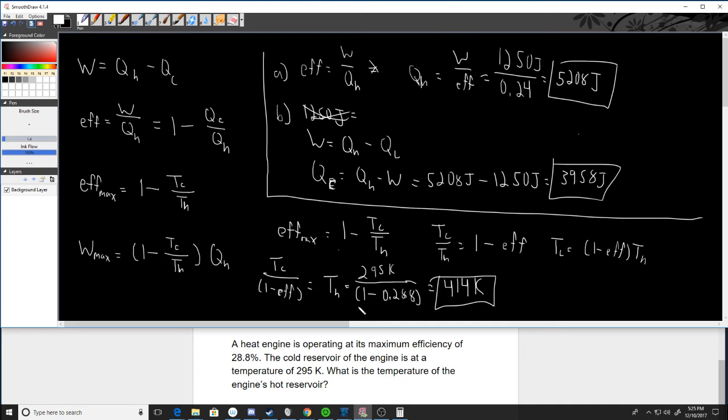But so that's working with work done by engines if we know the difference in the heat transferred from the hot reservoir and the heat energy transferred to the cold reservoir. From that, we can calculate efficiency, or maximum efficiency if we know the temperature of the cold reservoir and the hot reservoir.